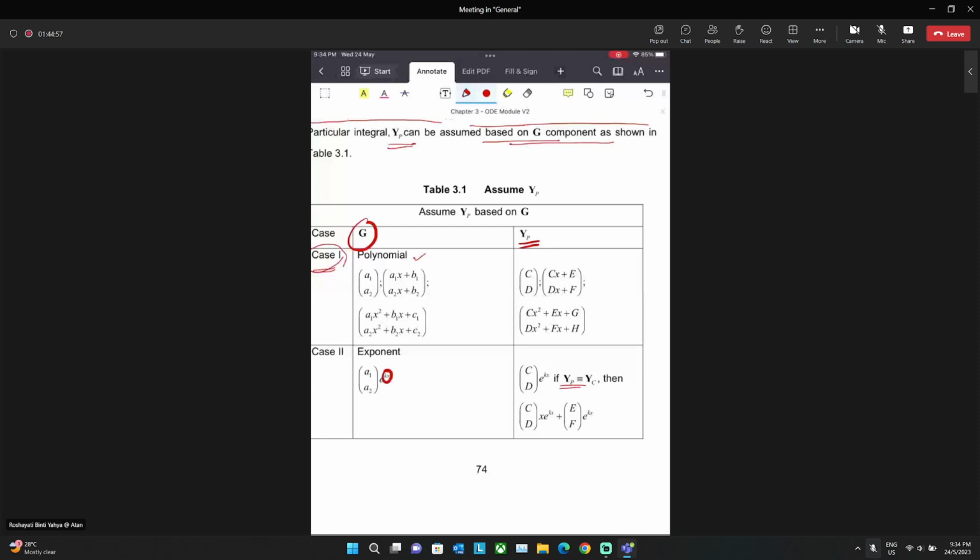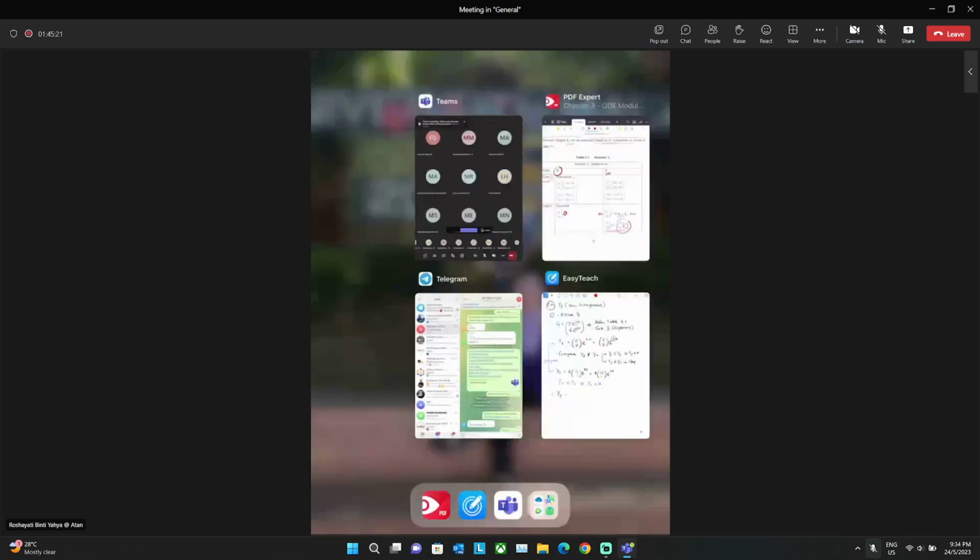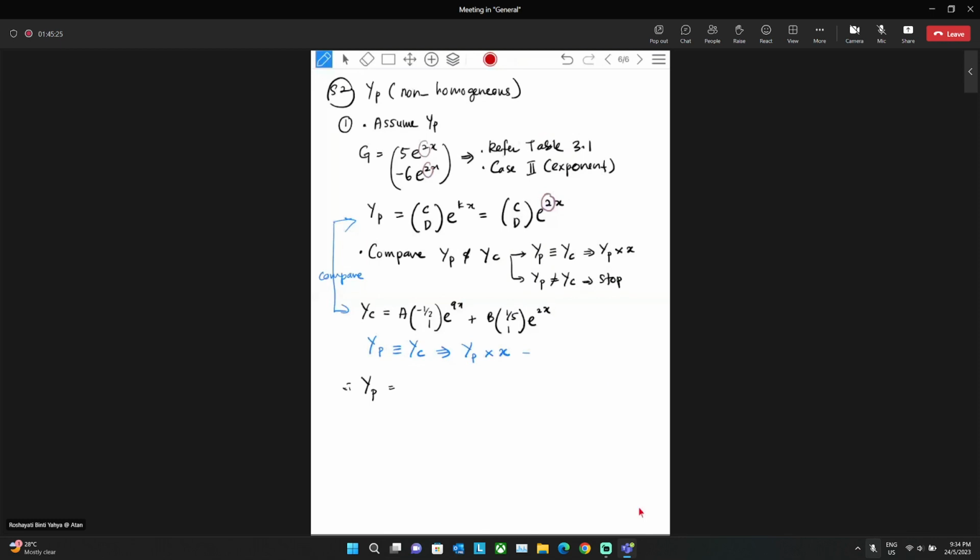YP equal to YC, then this become, okay, CD here multiply with X, and then it has additional constant that constant multiply with exponential kx. Right? So you still need to refer to the table. T is table, table 3.1.